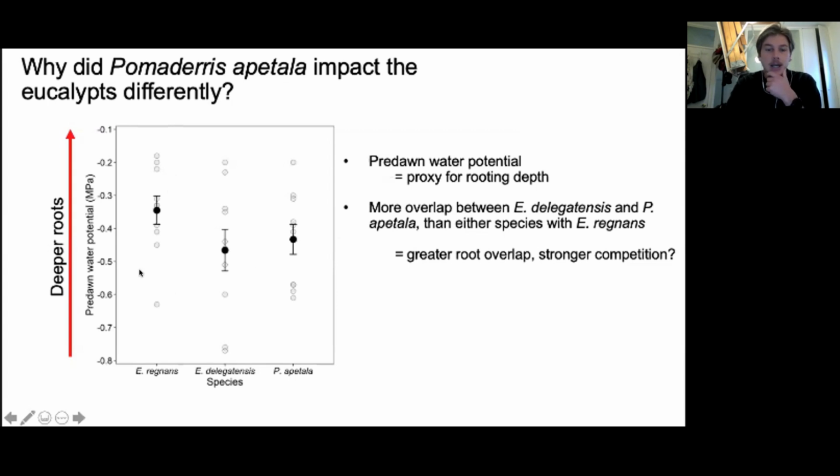And you can see that there's overlap between all of these species, and they weren't significantly different, but it does show that Eucalyptus regnans does tend to be able to access these deeper soil water reserves, likely deeper in the profile. And so there's less overlap with the other two species compared to when you compare, say, Delegatensis and Pomaderus.